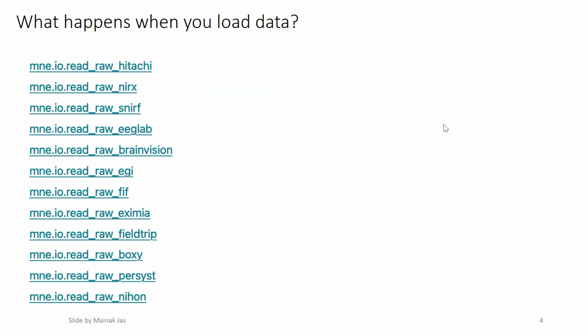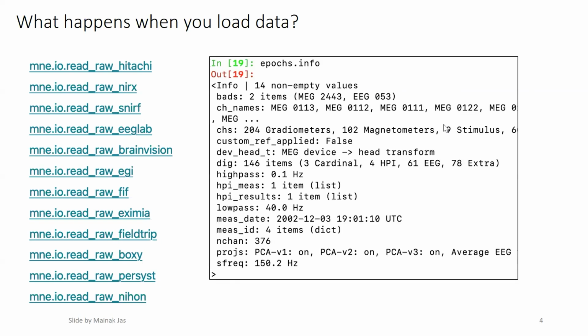We have readers for around 25 file formats. When you read it in, all the metadata from these different vendors gets concatenated and forms a dictionary, the info dictionary, which contains all the information related to the measurement.